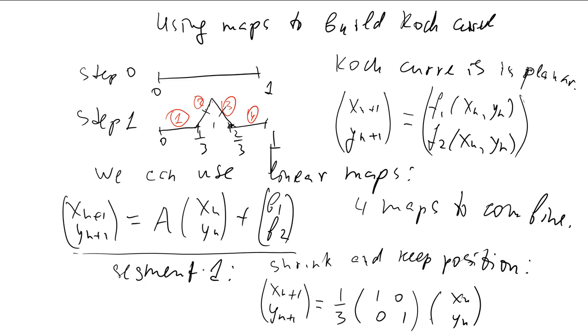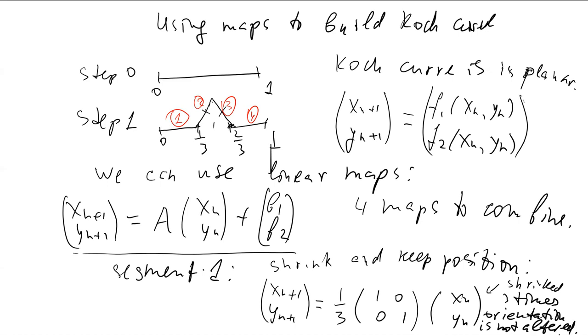Any segment starting at the origin is shrunk 3 times, and orientation is kept, not altered.